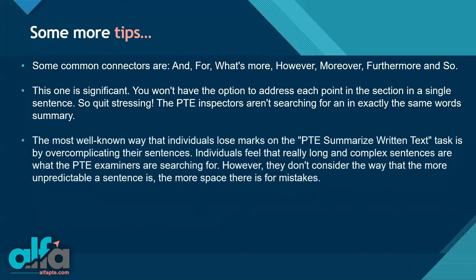The best way that individuals lose marks in PTE summarize written text is by overcomplicating the sentence. The best method to lose your marks is to complicate your sentence. If you don't want to lose your marks, don't do it. Individuals feel that really long and complex sentences are what PTE examiners are looking for. However, they don't consider that the more unpredictable a sentence is, there's more room for mistakes, guys.